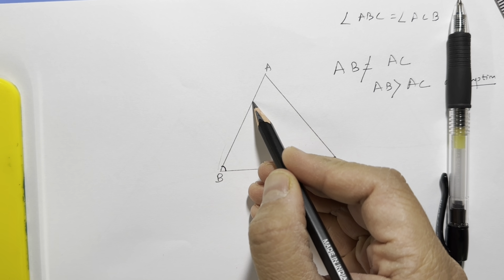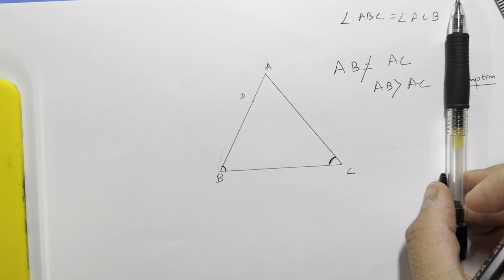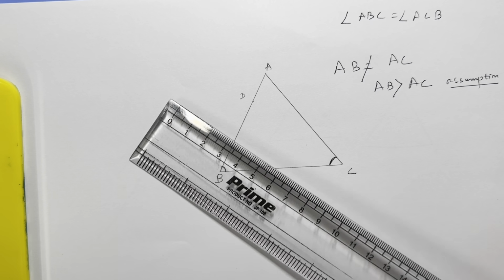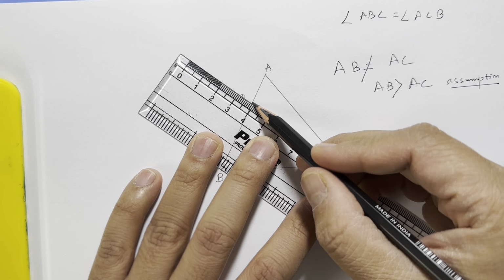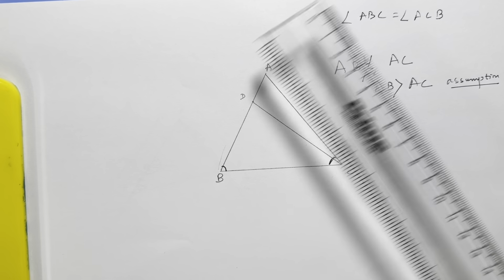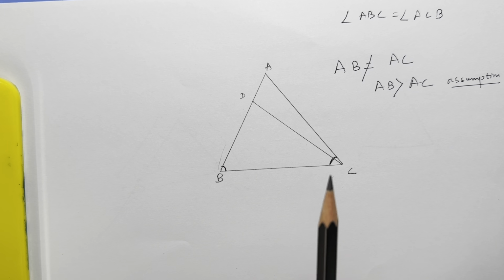So suppose this is the point we get where we mark AC, the smaller, on AB. So let's just draw the line. Nothing is measured here. This is just for illustration, because this is just reasoning and not actually construction.